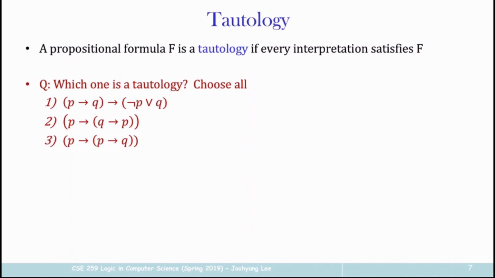What I ask you to do is, when you look at this one, how many interpretations can you apply to check this is a tautology? 4, right? So P is false, Q is false; false, true; true, false; true, true.